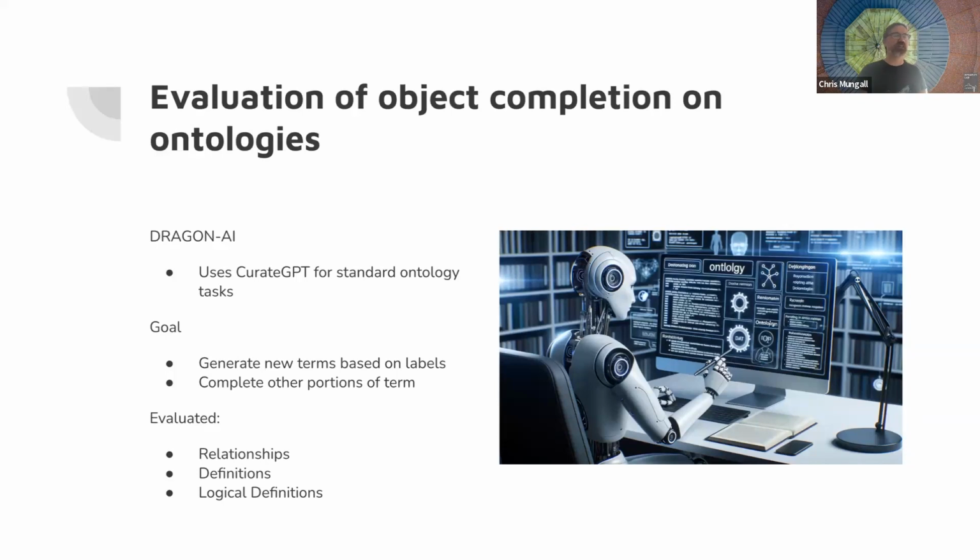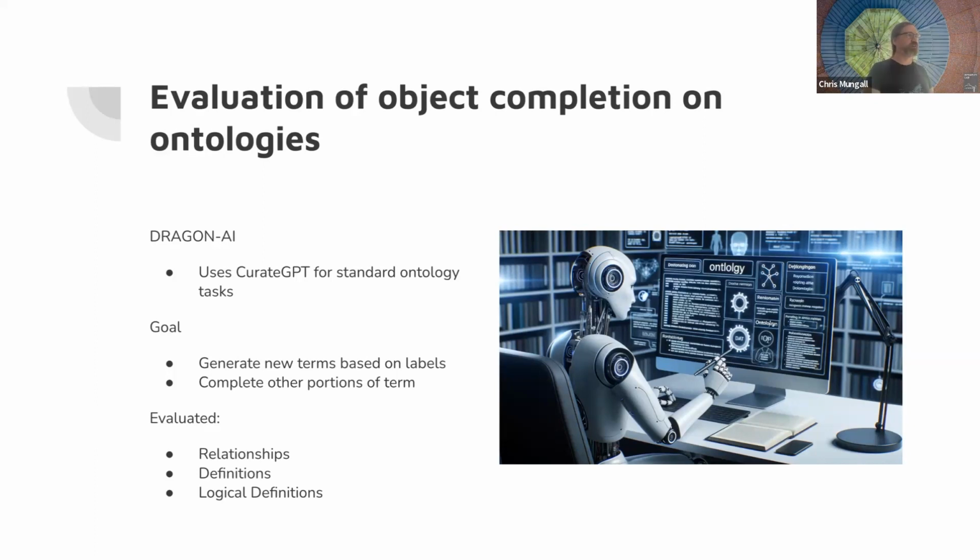How well does the actual approach work in practice? So we decided to do an evaluation of this object completion function. Just for simplicity, we chose to do this just on ontologies, because we identified ontologies as an area where we really need this kind of help.